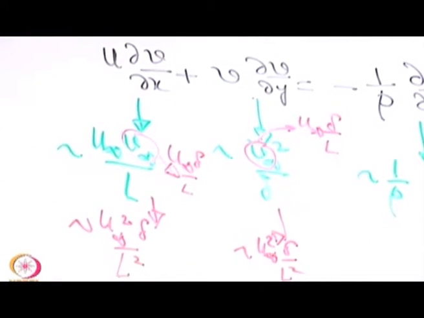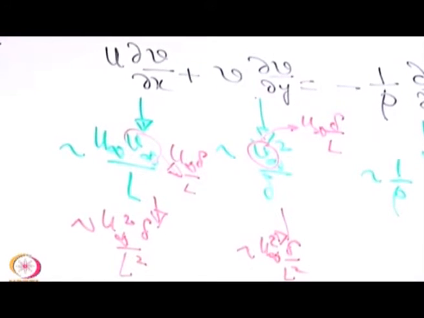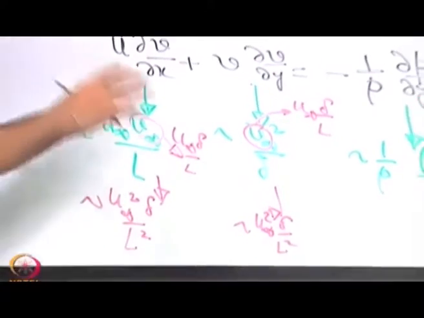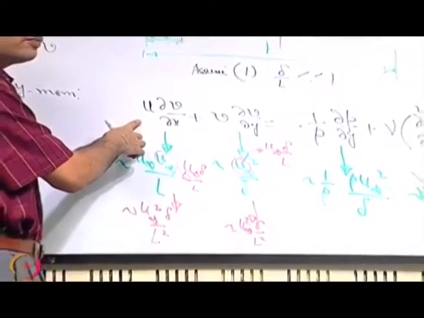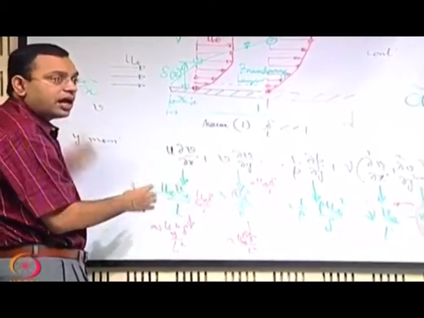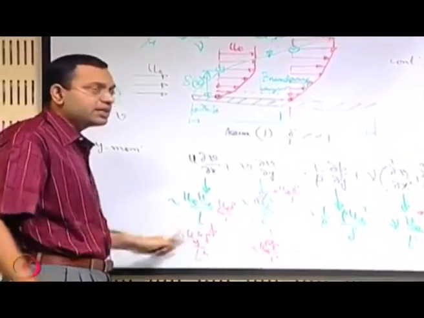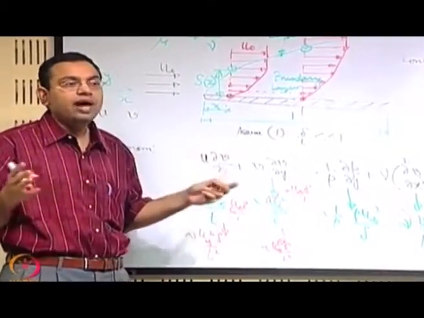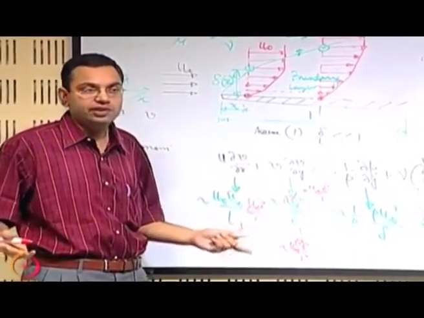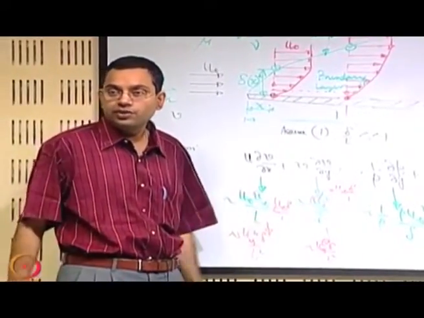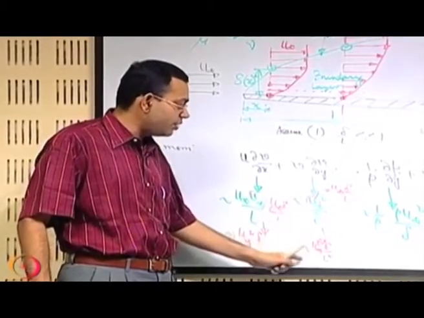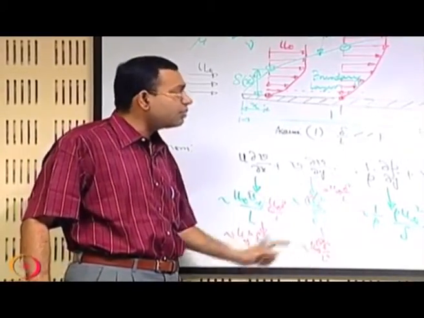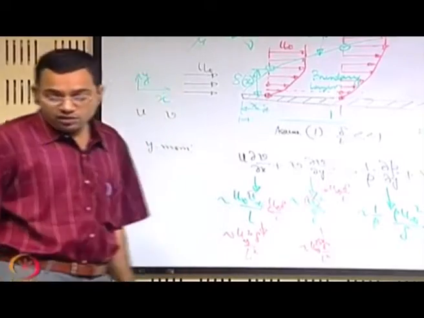For two terms of the same order of magnitude, adding them keeps the order of magnitude as either of them; a factor of 2 makes no difference. So the left hand side order of magnitude is u infinity square delta by L square.